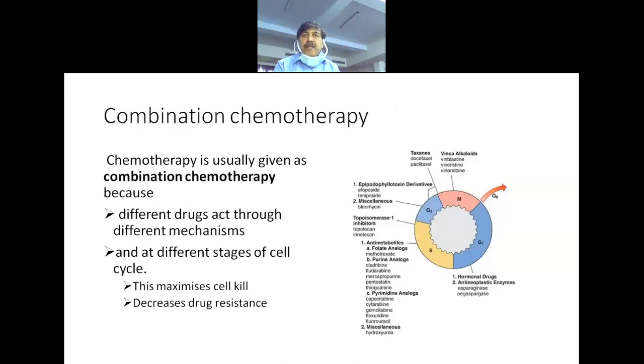So we can combine the drugs in such a way that they have different modes of action, and also in such a way that two drugs do not have the same side effects. By using combination chemotherapy, we can get more killing of cells, and there is a decrease in drug resistance. So that is the idea behind giving combination chemotherapy.